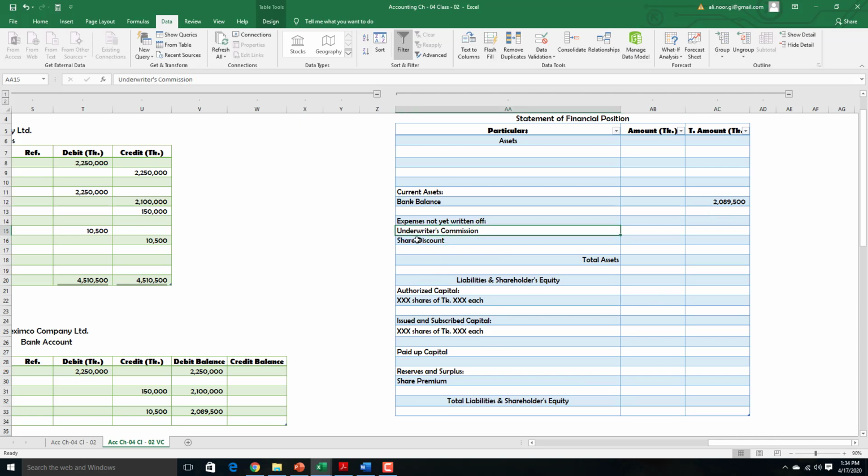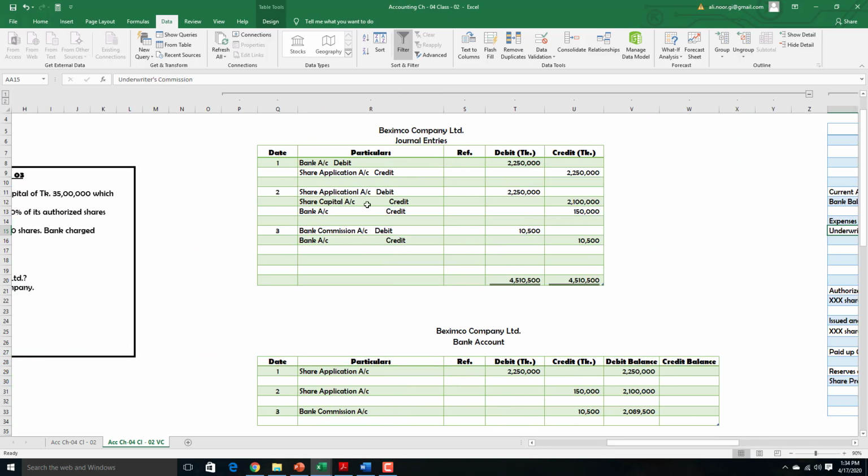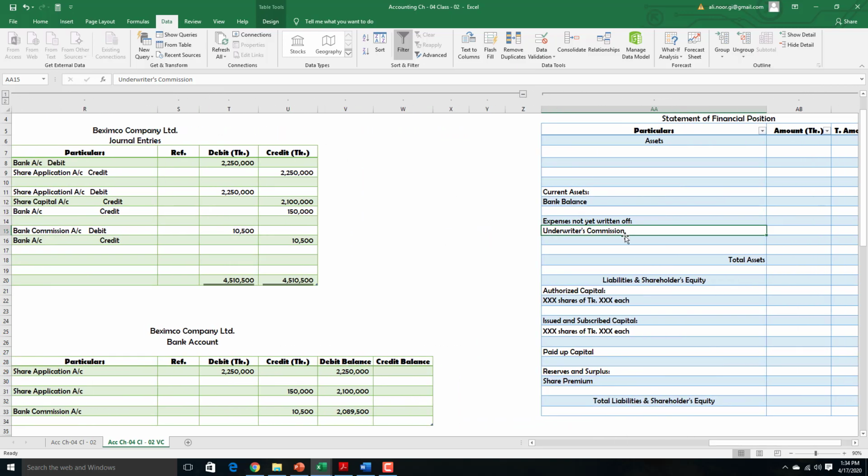According to our journal, we can see that this is bank commission, so let's write bank commission, that is 10,500.